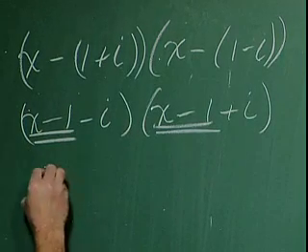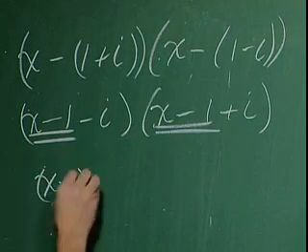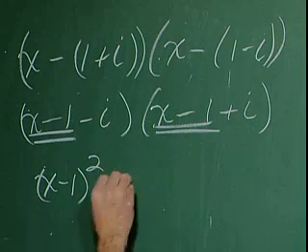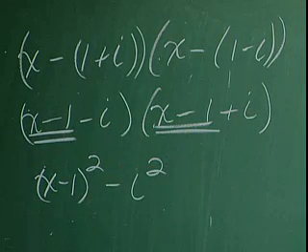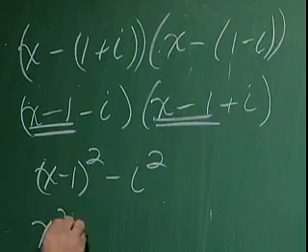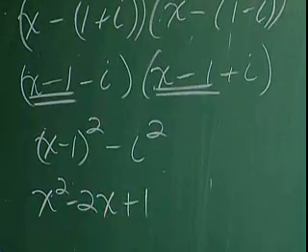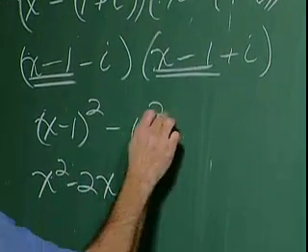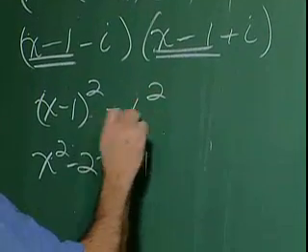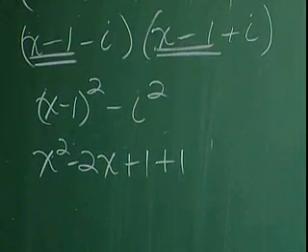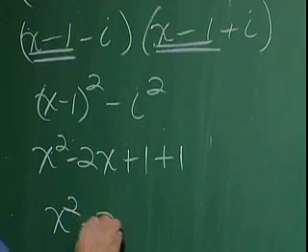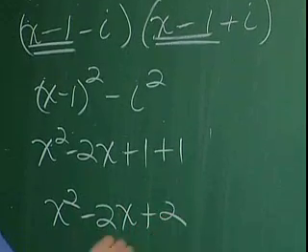So it's (x minus 1) squared minus i squared. That gives us x squared minus 2x plus 1. And then remember, i squared is negative 1. We're going to subtract negative 1, which means we have to add it. So we have x squared minus 2x plus 2.